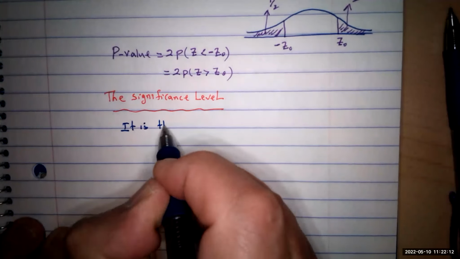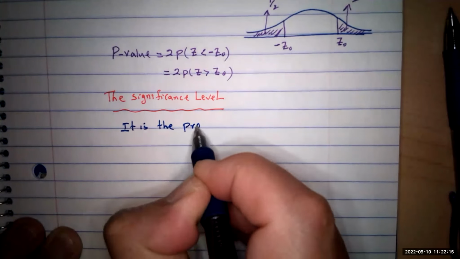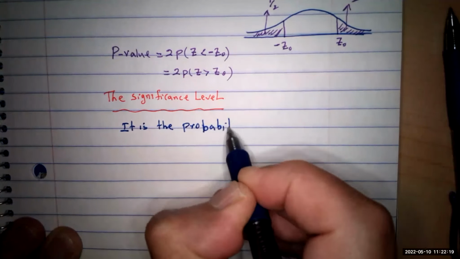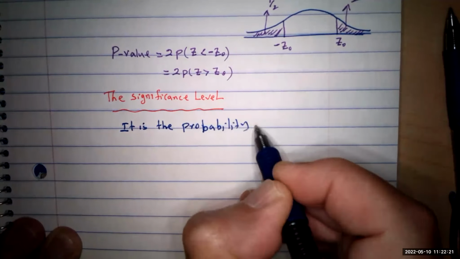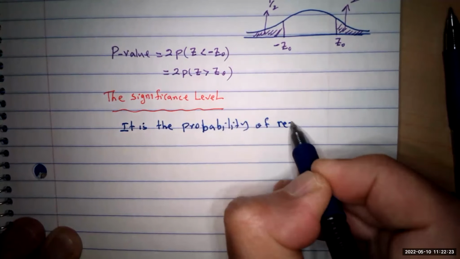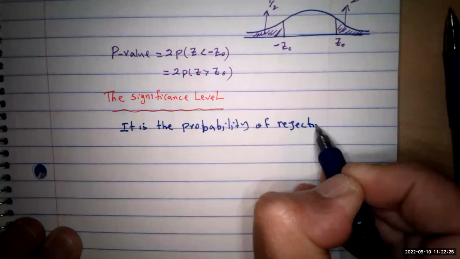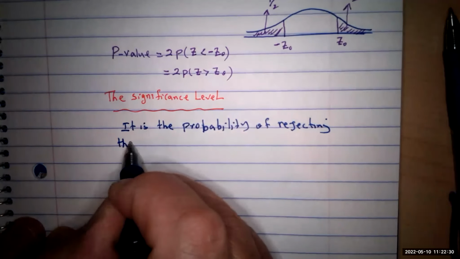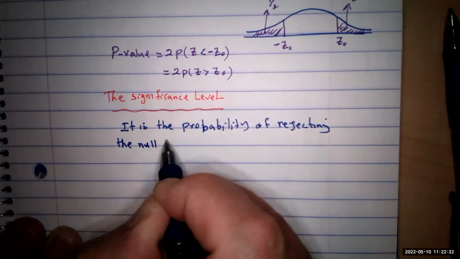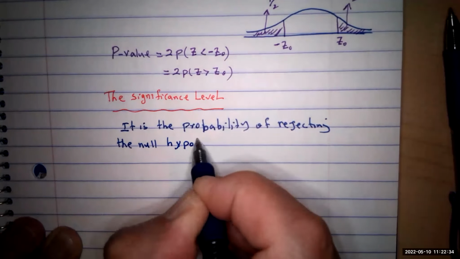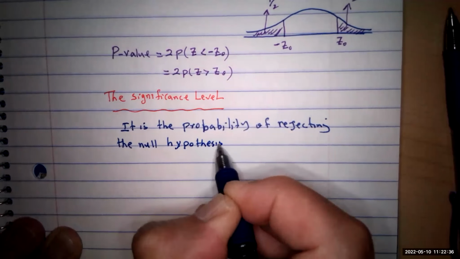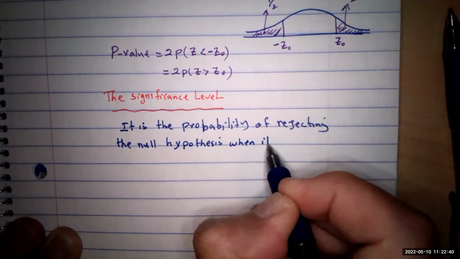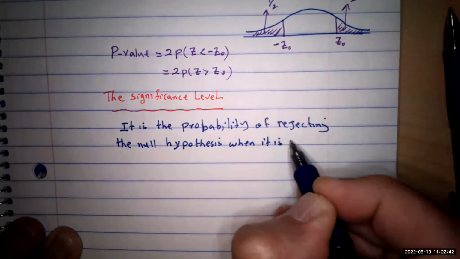It's going to be the probability of rejecting the null hypothesis when it's true. You will understand when we get to the actual example.